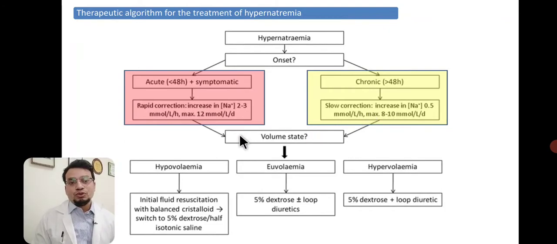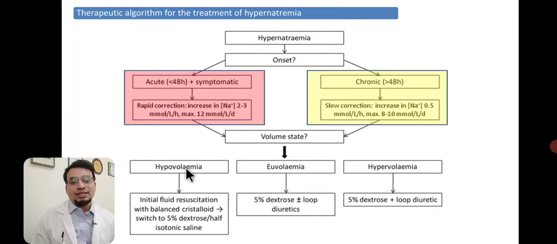Then we should assess the intravascular volume status, whether the patient is hypovolemic, euvolemic or hypervolemic. The volume status determines whether we should be using a diuretic or not, or whether we should be giving more isotonic fluid to maintain the volume.